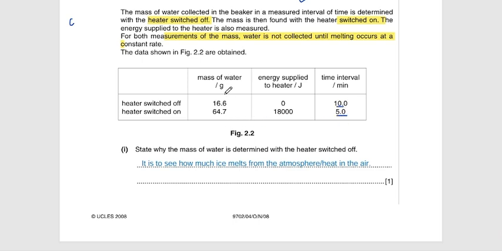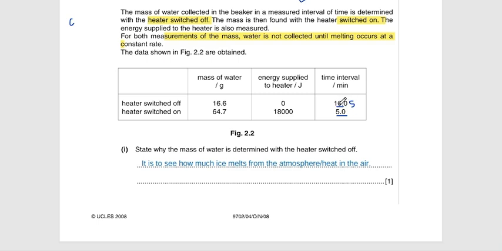If you want to measure something, you have to make sure you keep other things constant, and in this case, it's not constant. I have to find this for 5 minutes. That is more feasible than 10 minutes because we do not know how effectively the heater is working, or if the intensity of the heater is even kept constant or not. So it's better to convert this 10 minutes into 5 minutes.